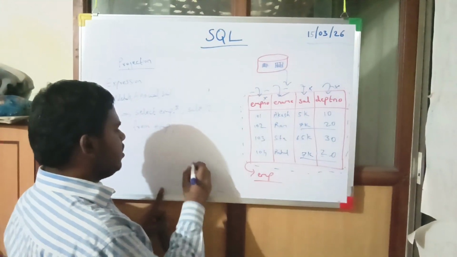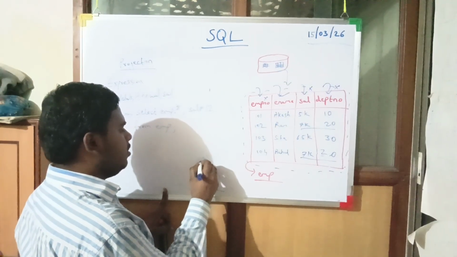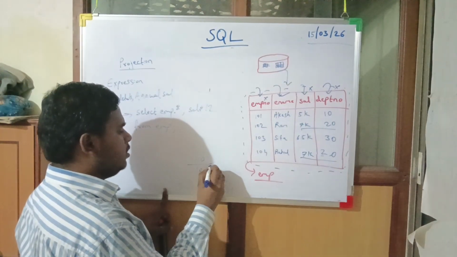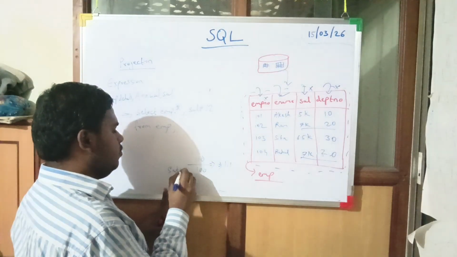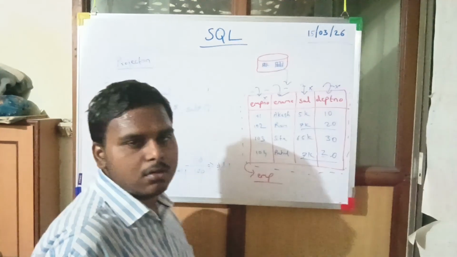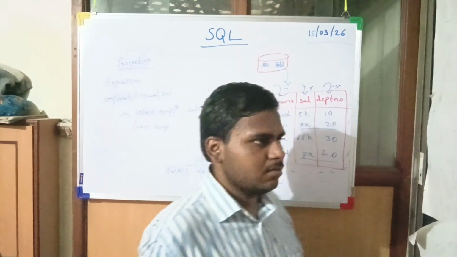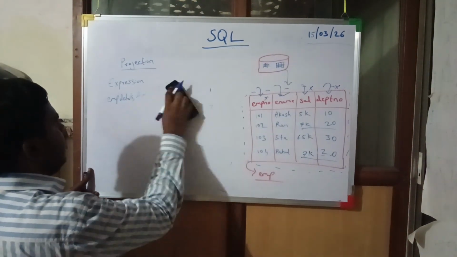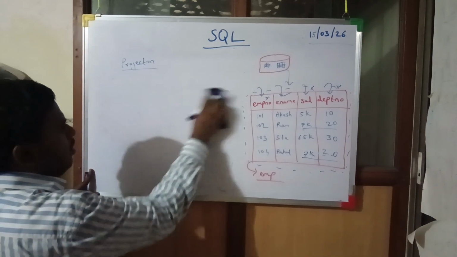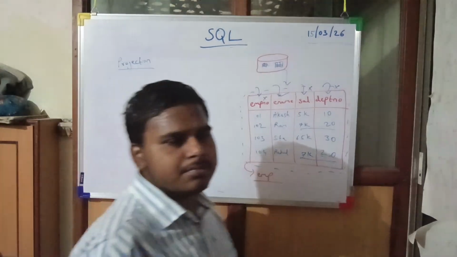A 10% increment means 100 plus 10 is 110. 110 by 100 is how much? 1.1. So sal into 1.1. Basic maths you know. I hope I don't need to teach you that. If this type of question comes, you can easily solve it.